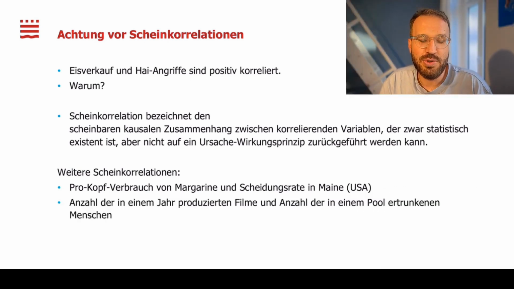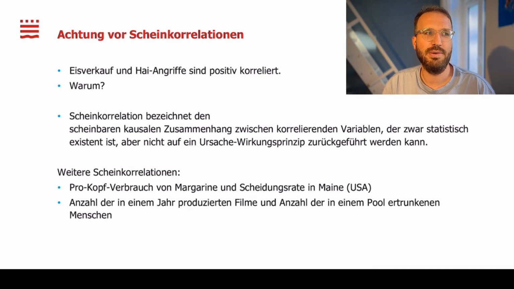Or the number of films produced in a year and the number of people drowning in a pool. Really, absurdly, two things that have nothing to do with each other. Nevertheless, there is a calculable correlation between the two, which should make it clear to you that, as mentioned, correlation is not causation.